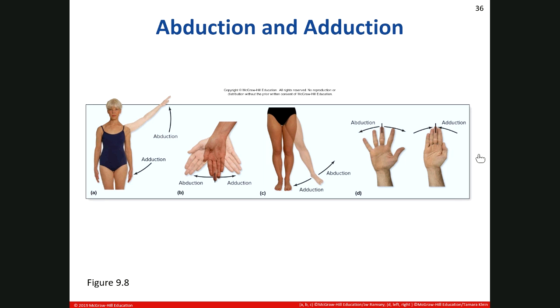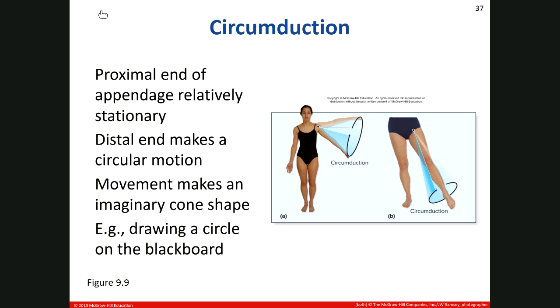And then one of my favorites, circumduction. So remember in gym class when you were younger and the PE teacher said, arm circles, everybody? You started swinging your arms around. That was circumduction.